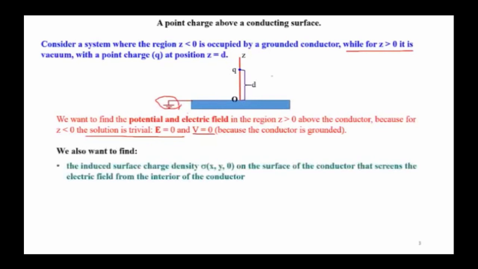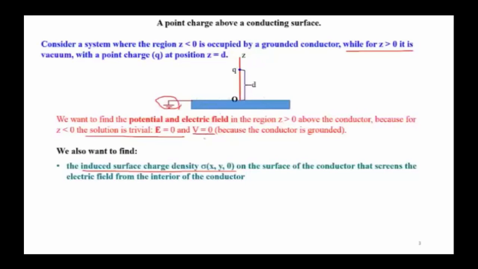In addition to the potential and the E field, we'd like to find the induced surface charge on the metal surface. Because you're at z equals 0, this would be a function of x and y only. The metal, in a sense, screens the electric field from the interior of the conductor by inducing this surface charge.